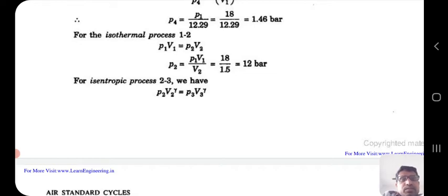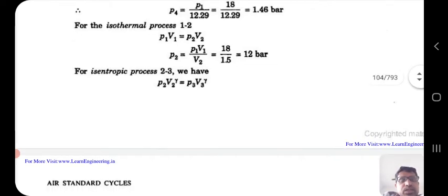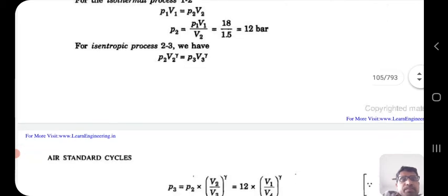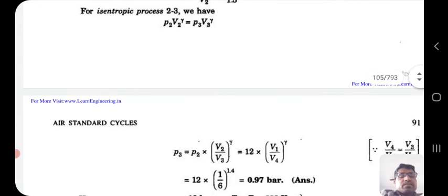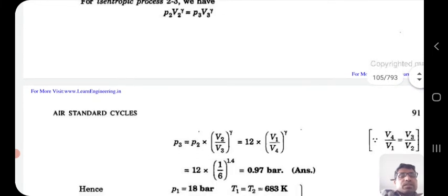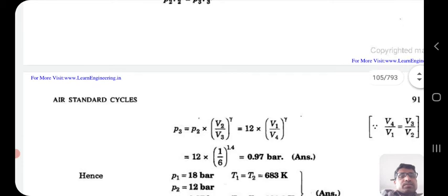For the isothermal process 1 to 2, P1 V1 is equal to P2 V2. Then P2 is equal to P1 V1 by V2, 18 by 1.5, that is equal to 12 bar. For isentropic process 2 to 3, we have P2 V2 to the power gamma is equal to P3 V3 to the power gamma.